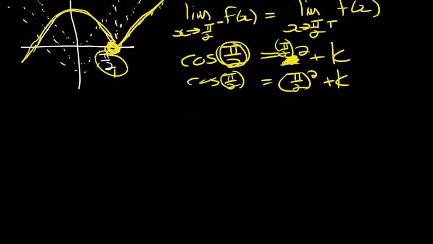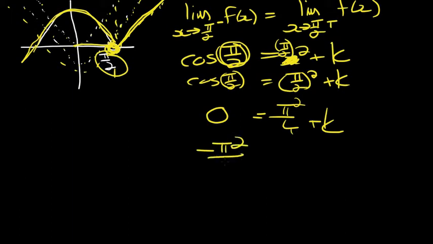So cos pi over 2, well, we know that's 0 because the y is 0 there, where x is pi over 2 for cos, and that is just pi squared over 4 plus k. So if you take that to the other side, it's minus pi squared over 4 is equal to k.